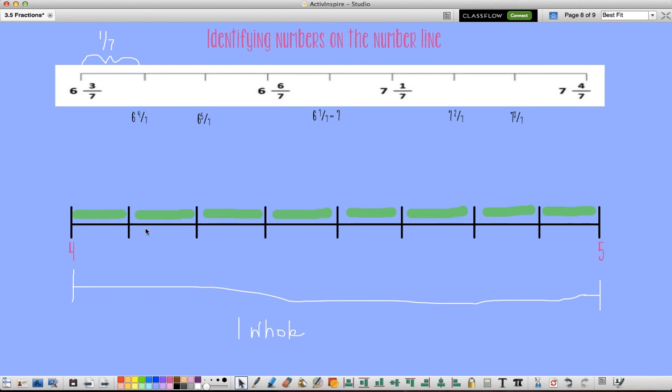You're looking at how many groups you made between the 4 and the 5. And I made 8 little groups. So I took the 1 whole, I took this whole thing here, and I split it into 8 smaller parts.